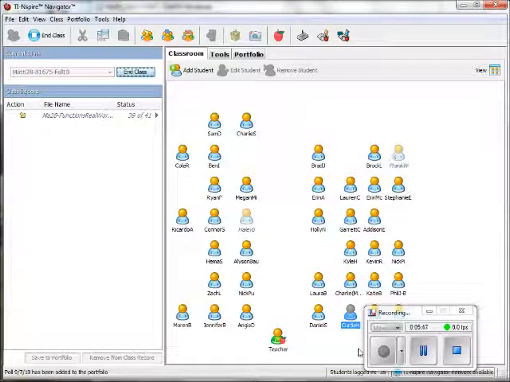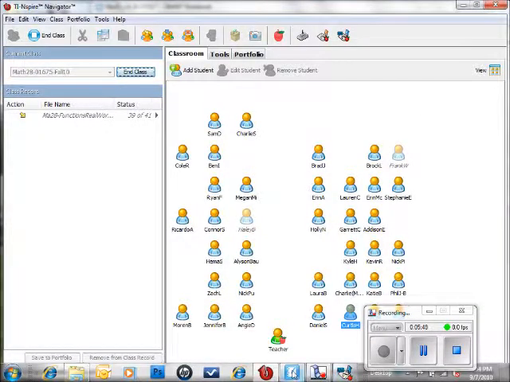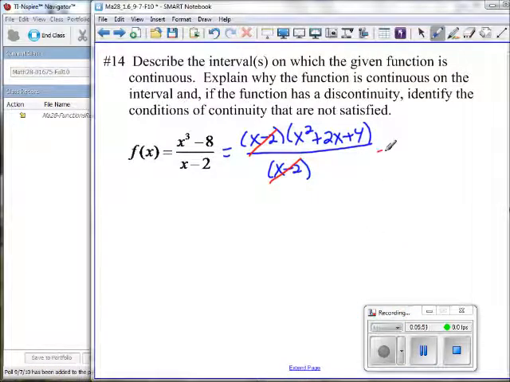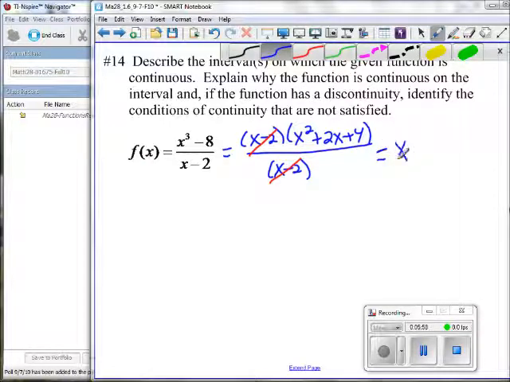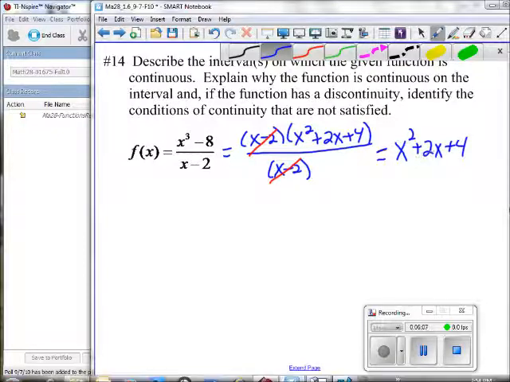When we resolve this, when I say resolve, I mean when we take care of those factors that are in common, we get down to x squared plus 2x plus 4. Did you get a parabola on the graph? Yeah. Why?